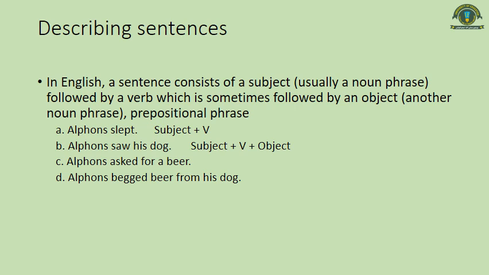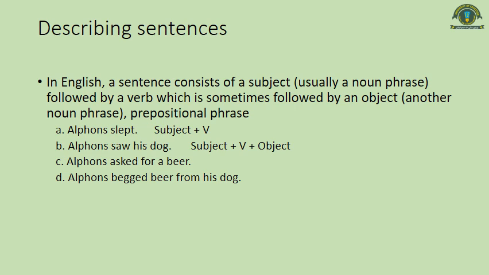This is a sentence, a combination of subject and verb. And then Alphonse saw his dog. It's a combination of subject, verb and object.